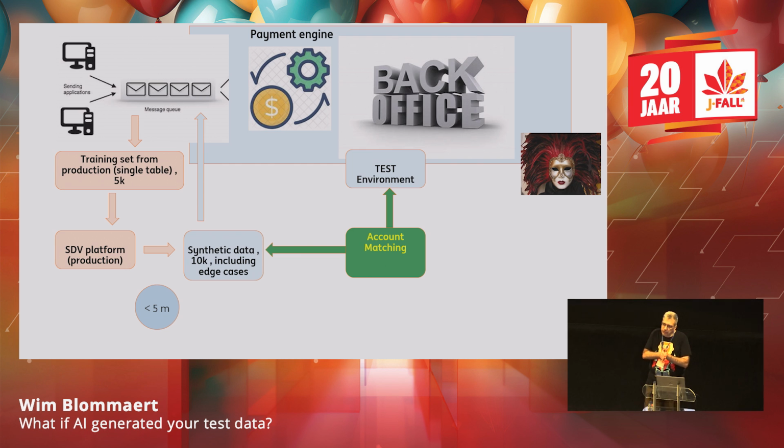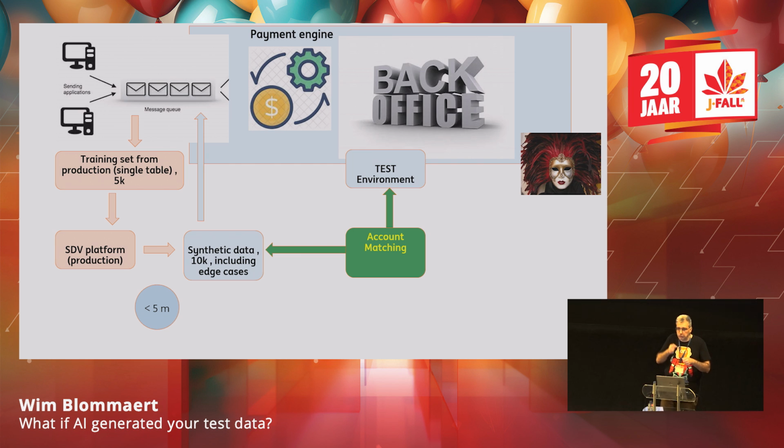And then we started working with them, and what we did was we took a training set from production. It's payments, so these were messages. Roughly 10,000, or perhaps 5,000. Our software runs in production, so we can just consume that training set there.